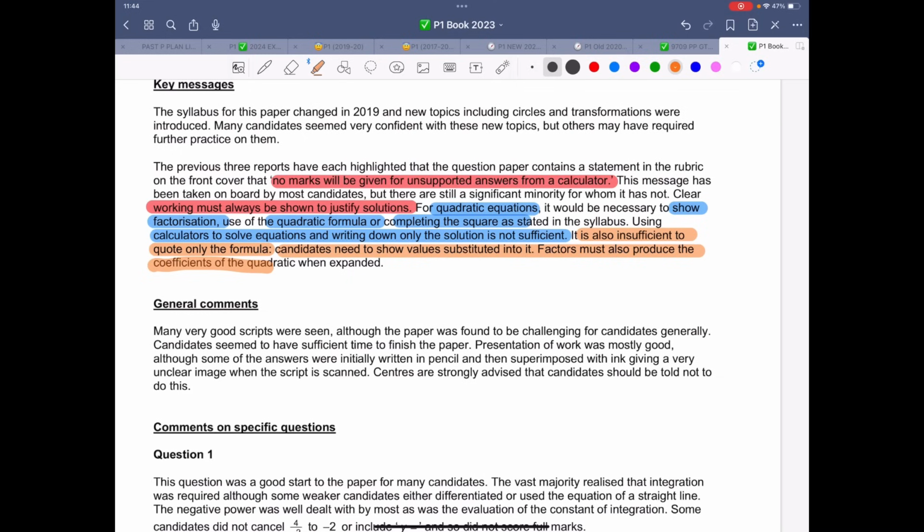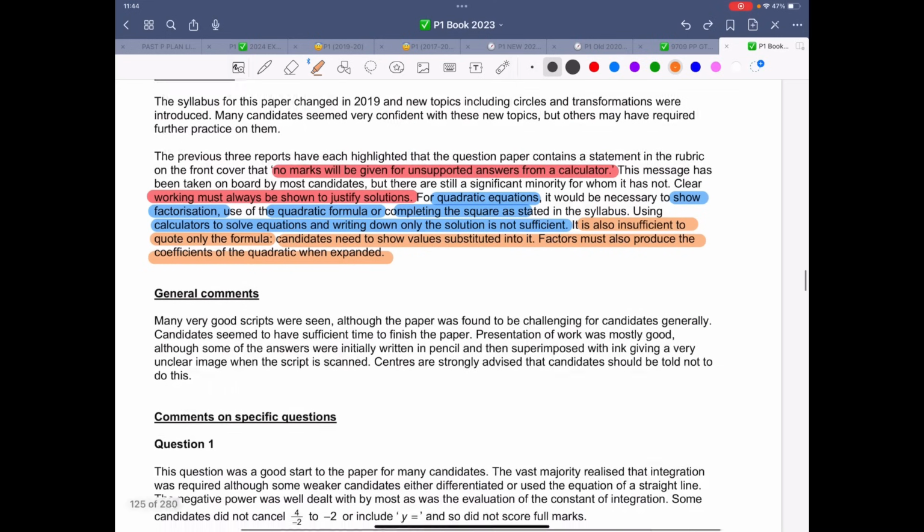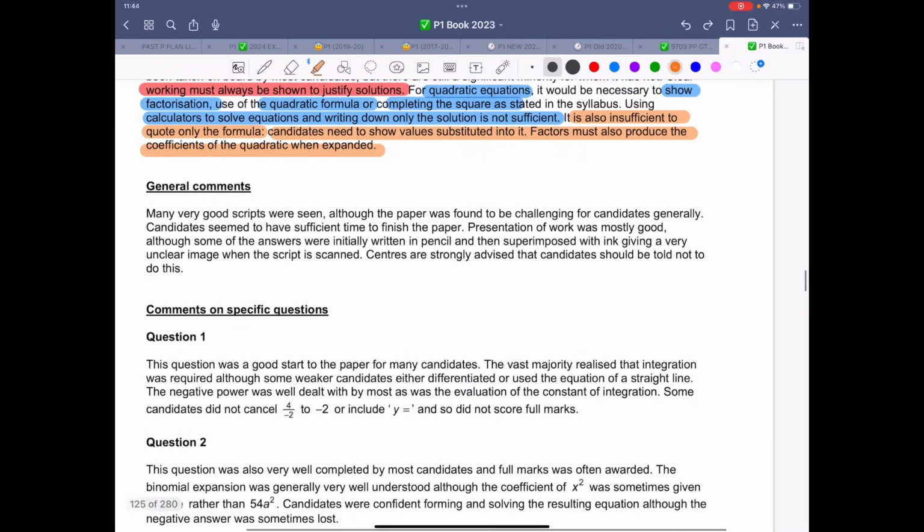Factors must also produce the coefficients of the quadratic when expanded. So make sure that you have done the factorization correctly. And then the second thing, that is sufficient time to finish the paper. Presentation of work was mostly good, although some of the answers were initially written in pencil and then superimposed in ink, giving a very unclear image when the script is scanned.